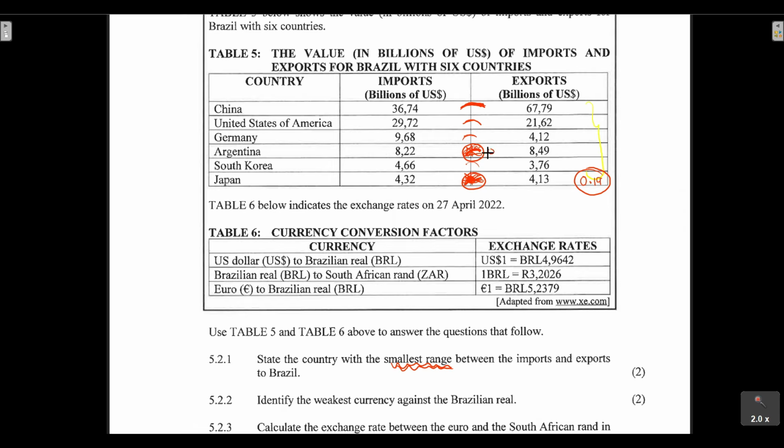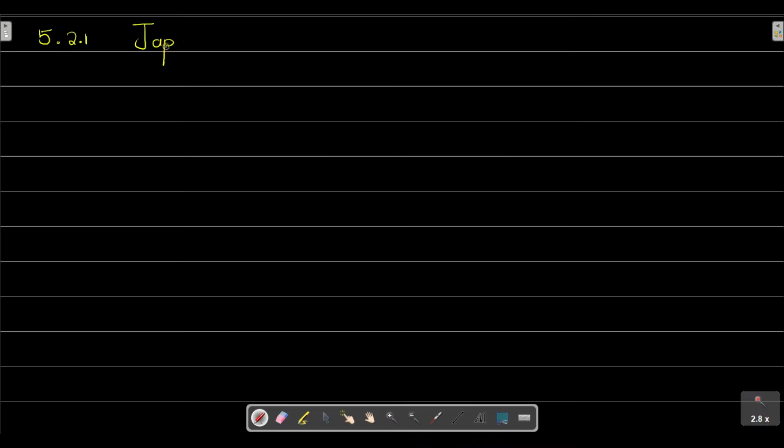And what is 4.32 minus 4.13? You'll get 0.19. So the country with the smallest range between the imports and exports to Brazil is Japan. That's just two ways in which you can approach answering this question.